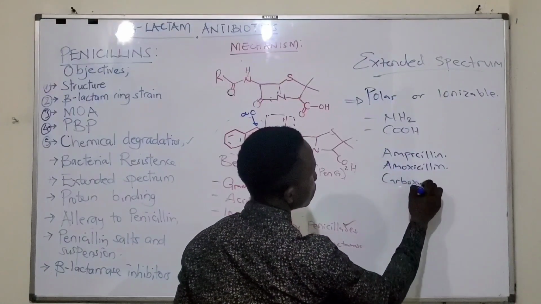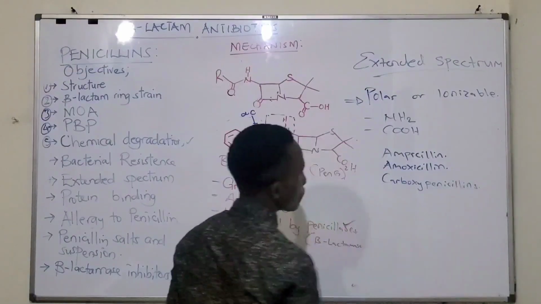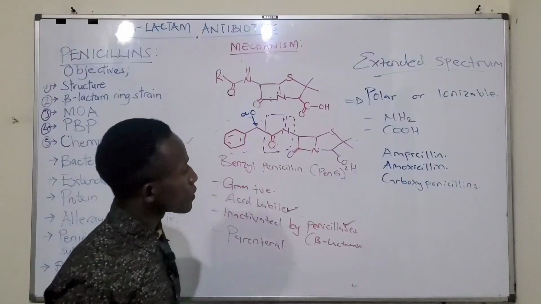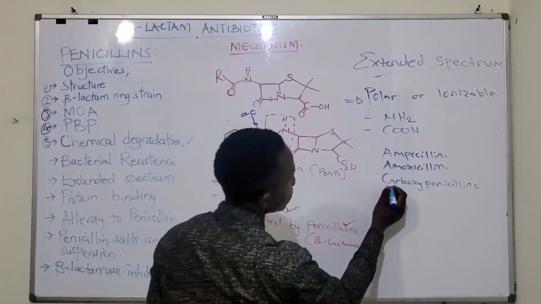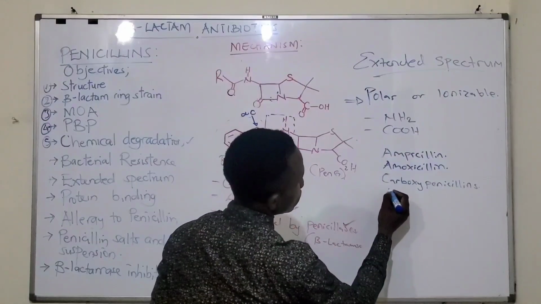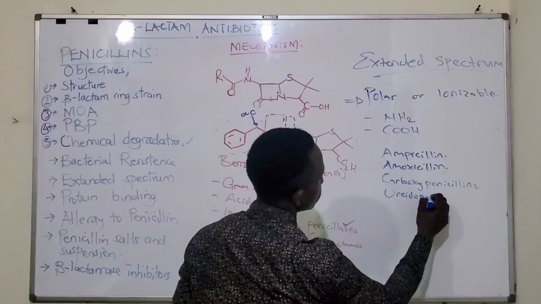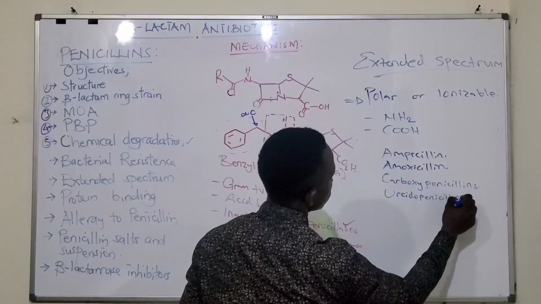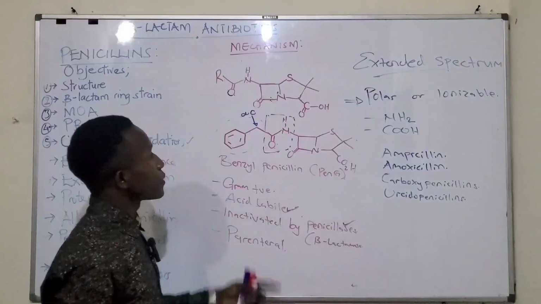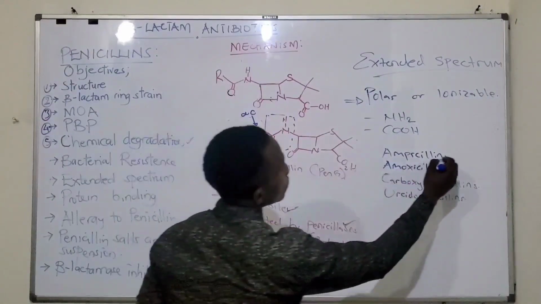and gram-negatives. Ampicillin, amoxicillin, carboxypenicillins, and ureidopenicillins. For example, ampicillin, here at the alpha carbon there is an amine group.